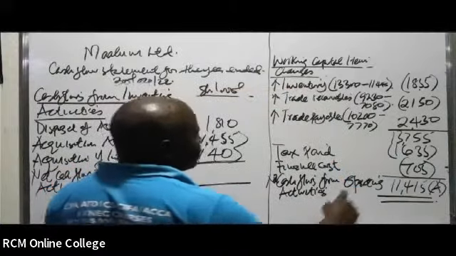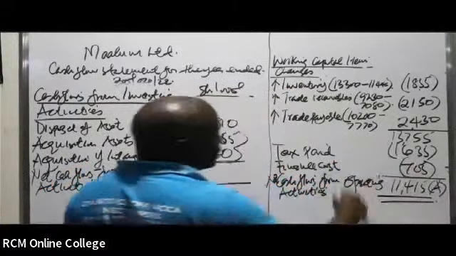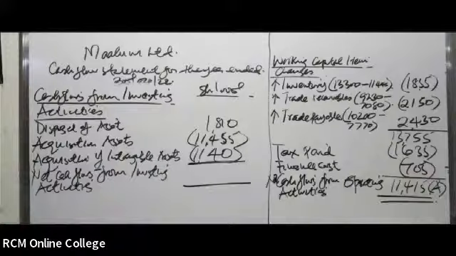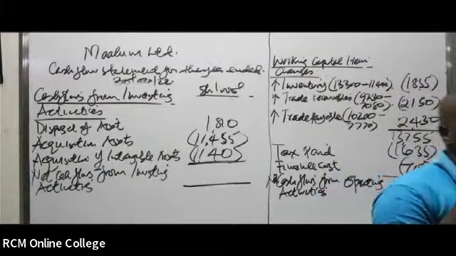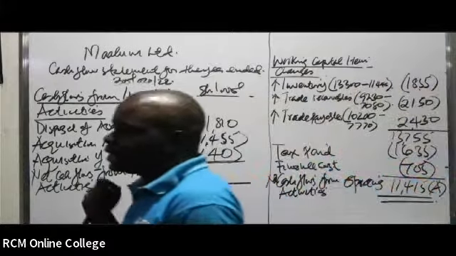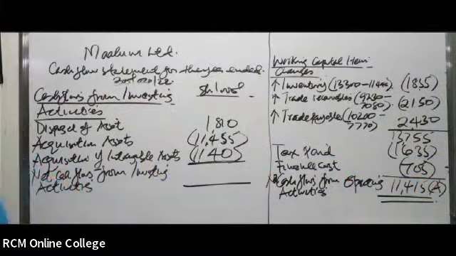When you correct this figure, the totals will change. The government grant you deduct, you don't add it. We had added, but you actually deduct, because it doesn't represent a real inflow of cash. The real inflow is included in the 1710 we had calculated, and that's what we recognize as an inflow.